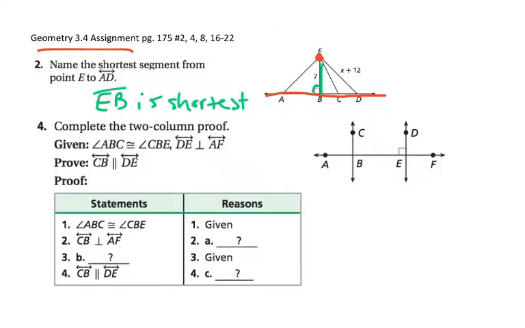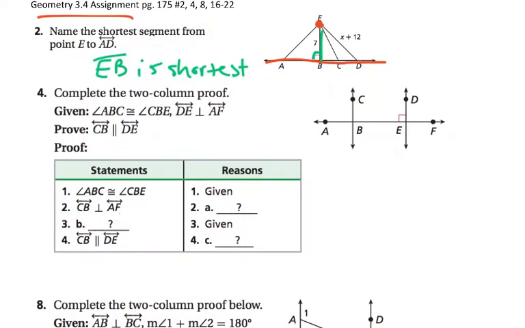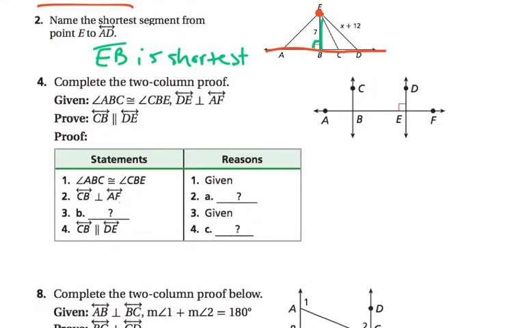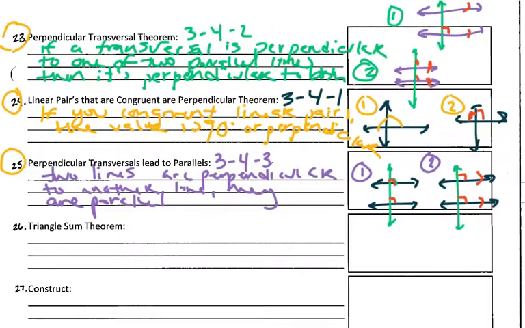Alright, moving on to the next one, I want you to complete the two-column proof. So we are given that angle ABC and CBE are congruent. So I'm going to write that in here, ABC and CBE. And hopefully that image that I just drew looks very much like one that we just drew here in number 24 from your reasons packet.